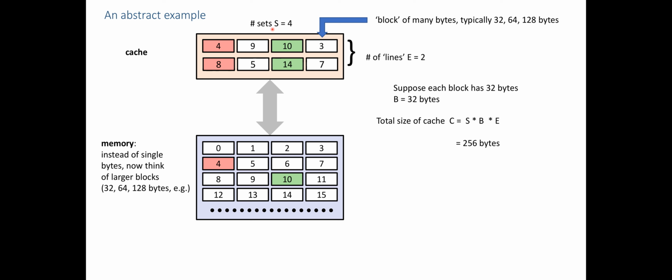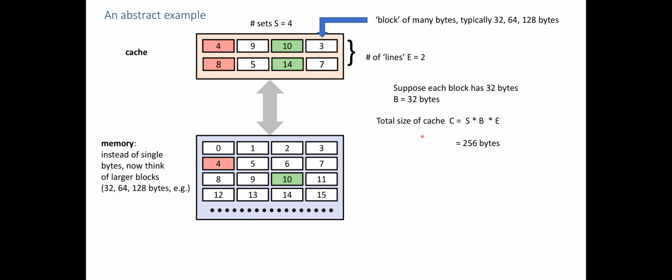So we have some important pieces of information here. The number of sets, which in your book is designated as capital S and often designated this way in other documentation you might see. The number of lines here is 2, so there's 2 lines, this kind of 1 extra spot to hold the blocks that map to that set. Now, as an example, suppose every one of these blocks was 32 bytes.